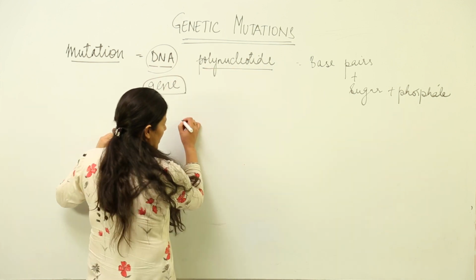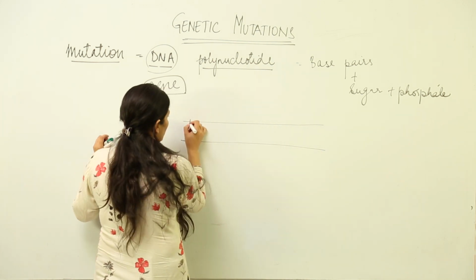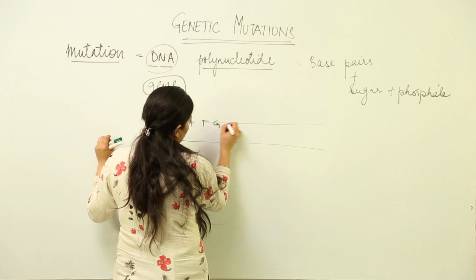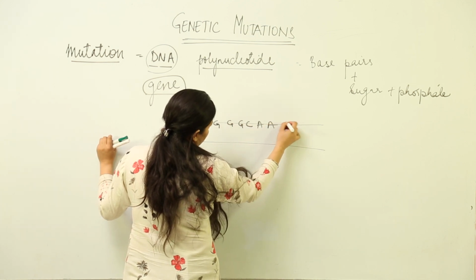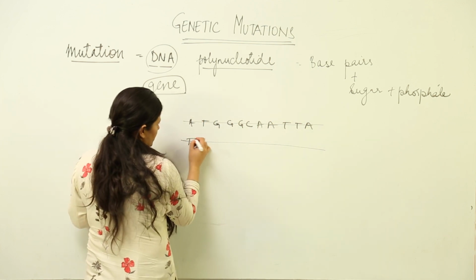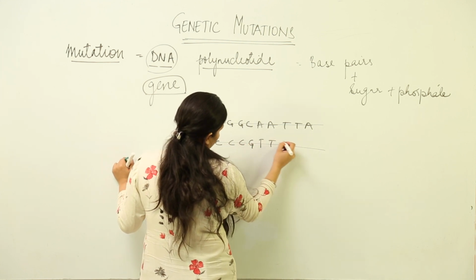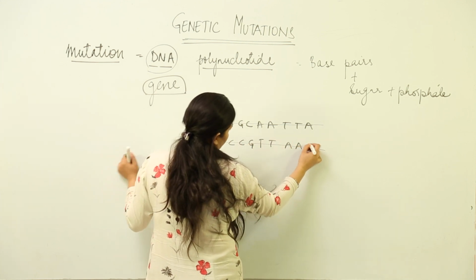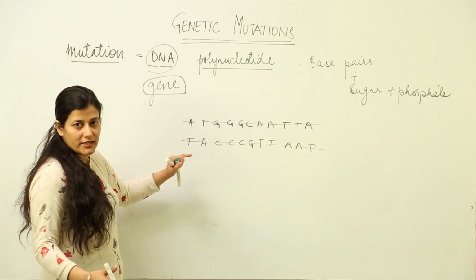Now, supposedly we have a DNA sequence like this. It is having A, T, G, G, C, A, T, T, A. Right. Now, it will have complementary T, A, C, C, C, G, T, T, A, T. Now, supposedly the mutation has to occur.